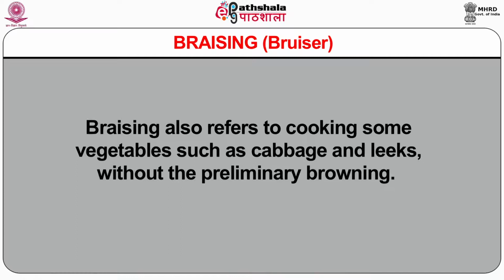Braising also refers to cooking some vegetables such as cabbage and leeks without the preliminary browning. Food being braised is not completely covered with the liquid during the cooking process. The top of the product is normally cooked by steaming.